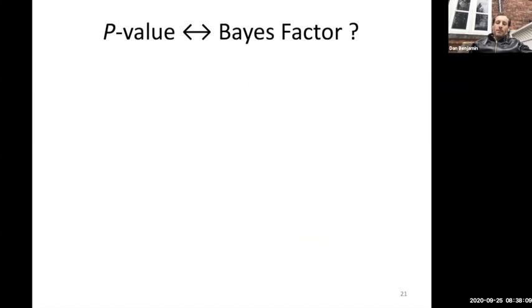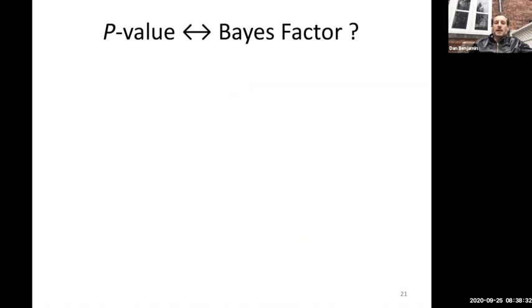So what we would like to do then is convert from a p-value to a Bayes factor, because the Bayes factor gives us this answer to our strength of evidence question. But we already know that that's going to be impossible, because the p-value you can calculate just based on the null hypothesis. The alternative doesn't enter into it.